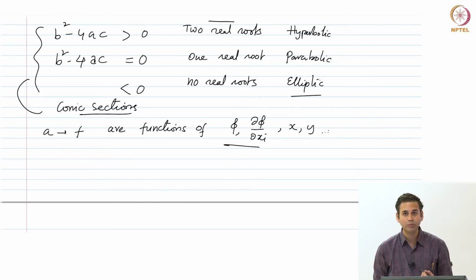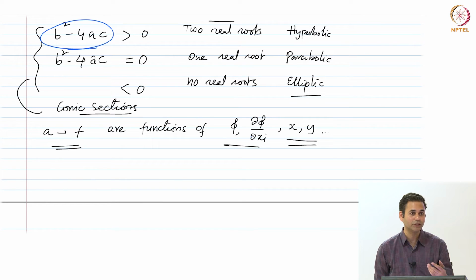The type of the equation may change from point to point in the domain, because now these are functions of x, y, the relative values of a, b, c could change. As a result, the value of b squared minus 4ac could change from location to location. So when we talk about a particular PDE, depending on the coefficients, the type of the PDE could change. That's what I want to emphasize here.